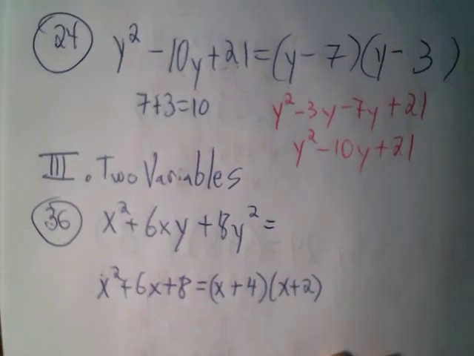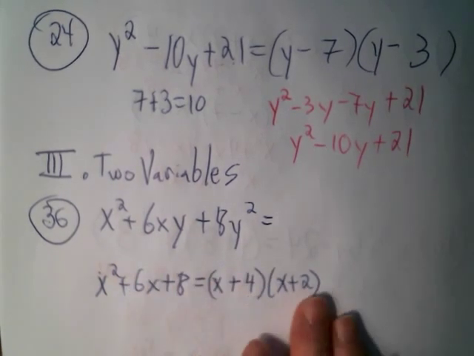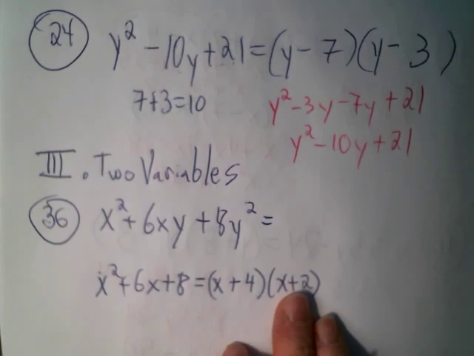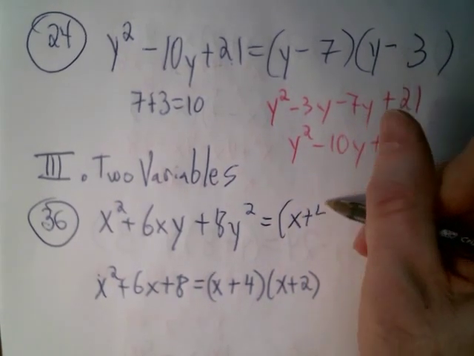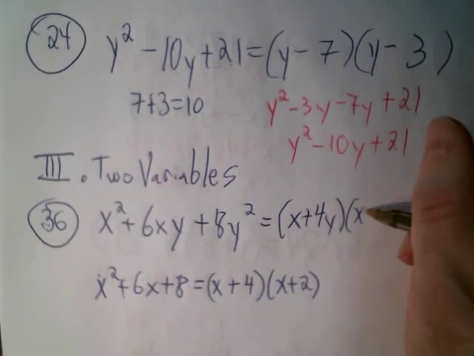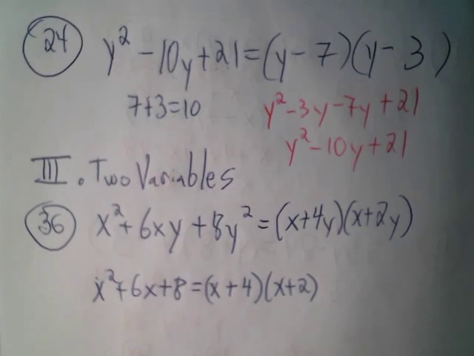What I claim is it's the exact same deal here, except you're going to slap in a y with the 4 and the 2. So my claim is all you have to do is write x plus 4y and then x plus 2y, and you'll get this object once you go ahead and FOIL it.